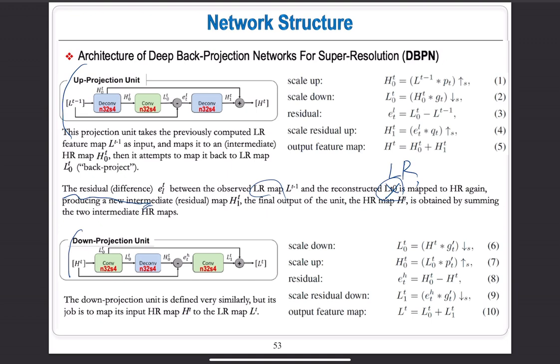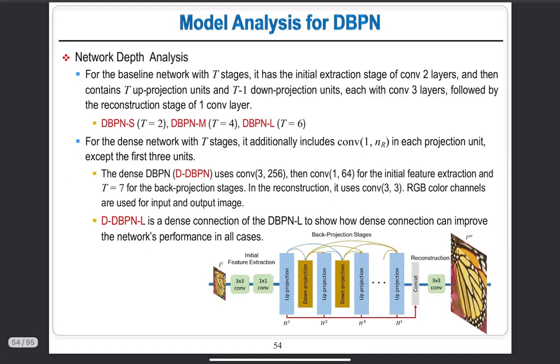This feedback loop is repeated across the stages, allowing the network to revisit earlier errors and refine its output. This is conceptually different from a feed-forward model, which generates the result in one pass. That's the most important difference from the previous works.